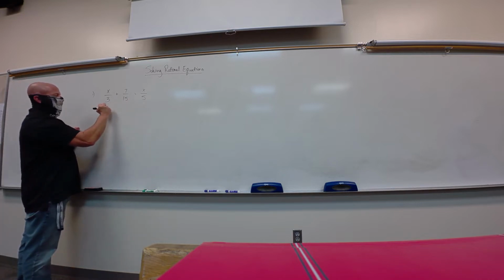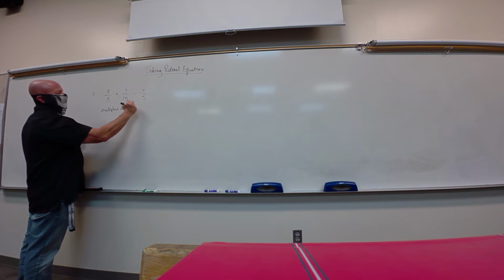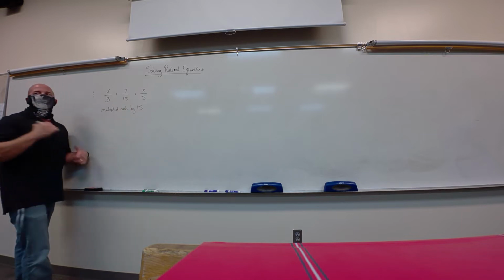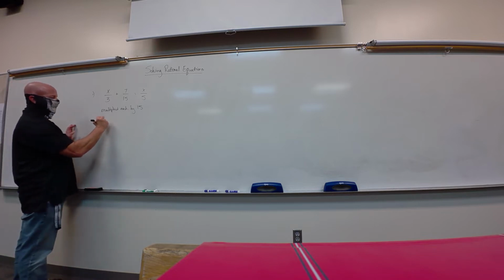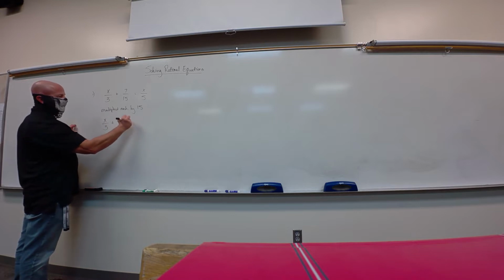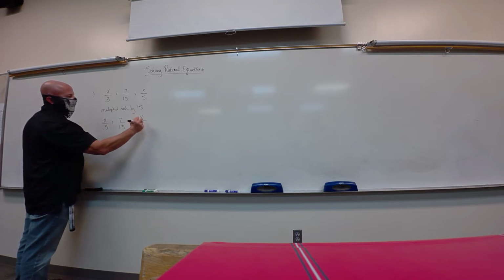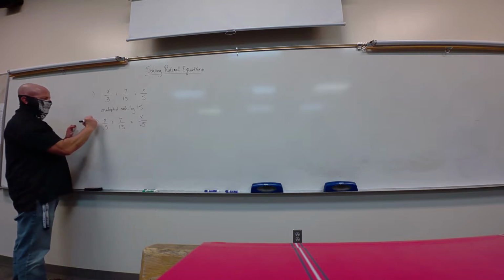So what we did, we multiplied each by 15, again, because that was the common denominator. So this is what it looked like back then. X over 5. So we wrote a 15 by each one.